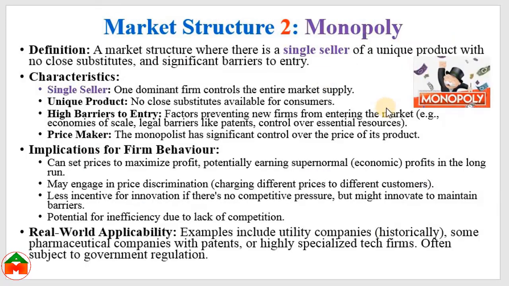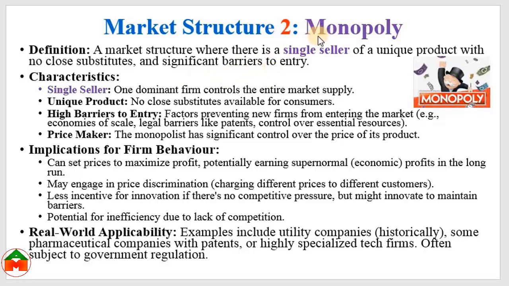Now you can see the second type of market structure, which is monopoly, where there will be only one or a single seller with a unique product. In that monopoly market there will be no close substitute product, and there are significant barriers to entry or exit.